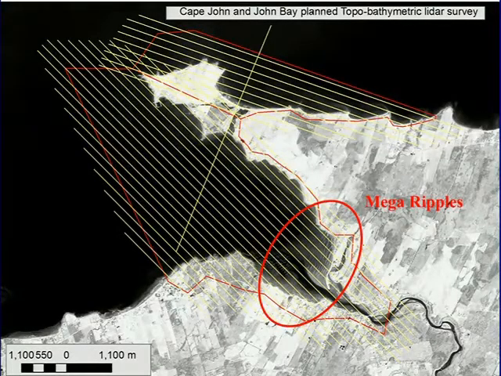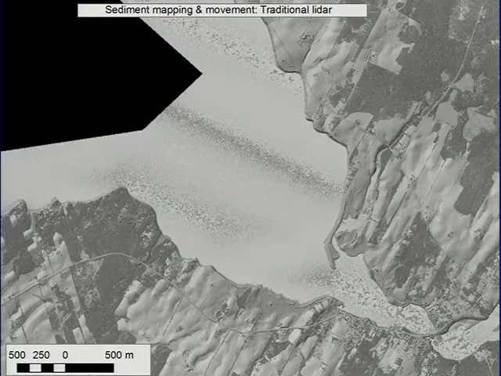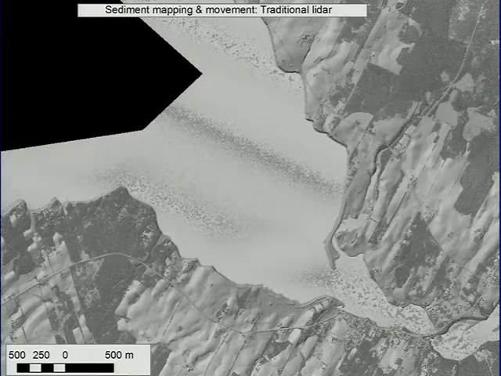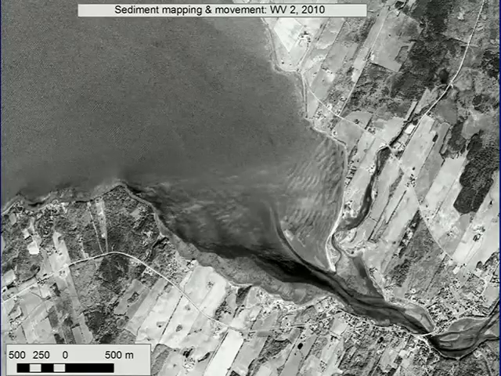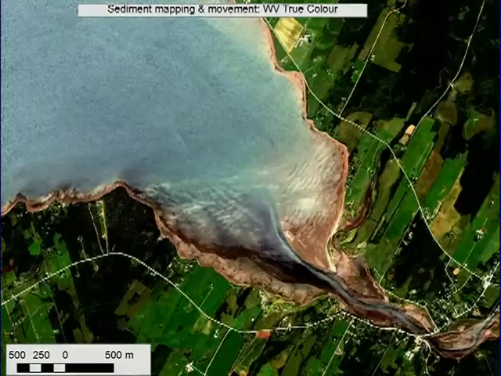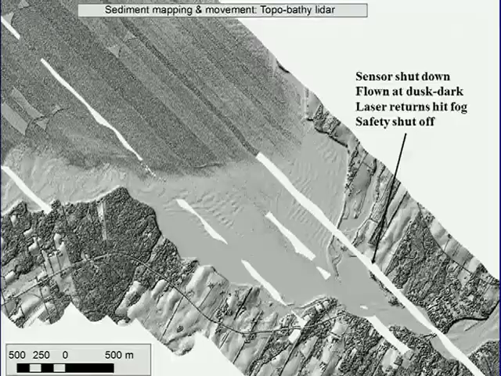Okay, mega ripples. Not that I want you going out and harvesting all the sand here, but it has some potential. Traditional LiDAR can't see much in the water. Some imagery, we can certainly see that there are sandbars there, large mega ripples. Modern day satellite data, color.